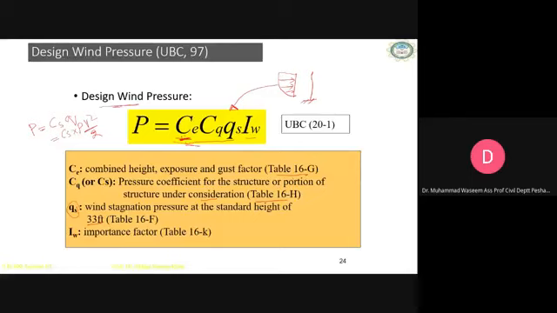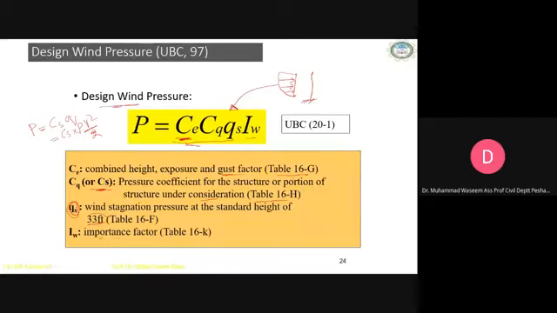Now, CE is the height of the building, exposure and gust factor. Gust is the turbulence in the wind velocity. CQ is the pressure coefficient. This is for the shape of the building. Now, at 33 feet we have this pressure, and this value is about 23 pounds per square feet.